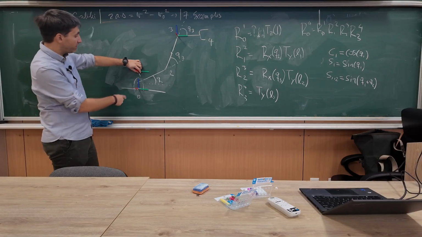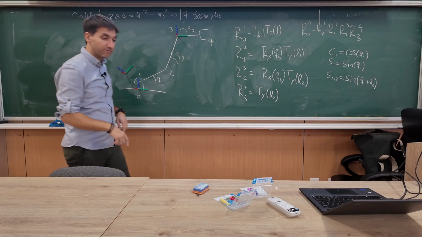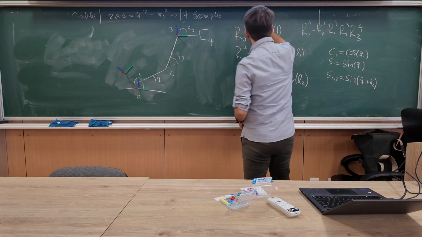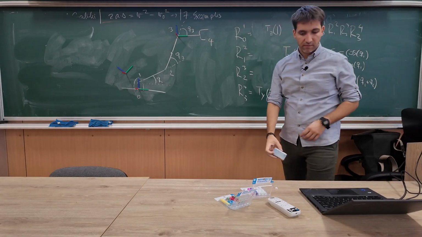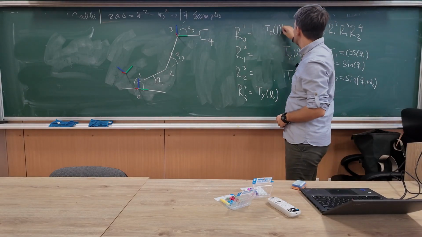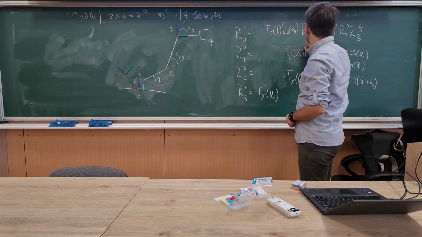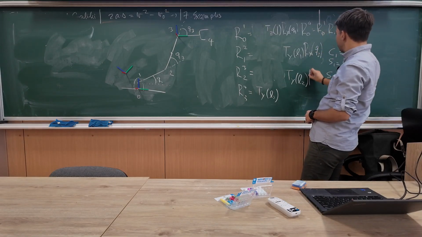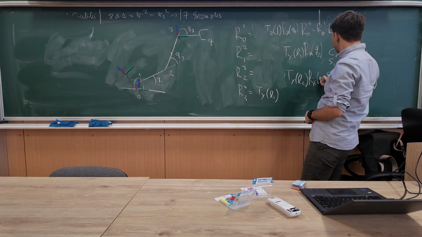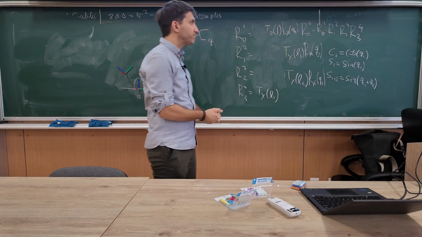If I multiply from the left, I'm rotating around this axis, right? So I have to multiply from the right. Very bad. So the slides are correct. This is wrong. Sorry, I got carried away. So here, this has to be like this. My bad, right?